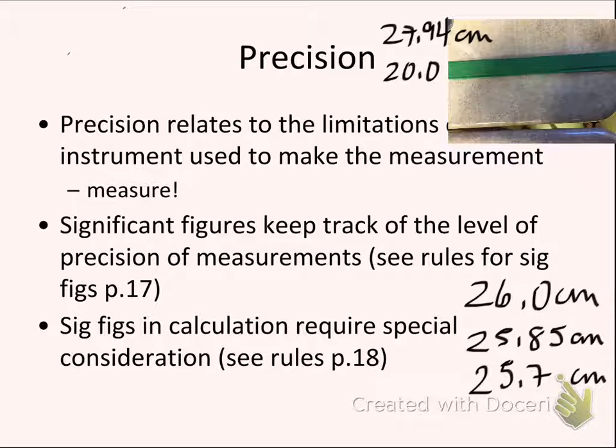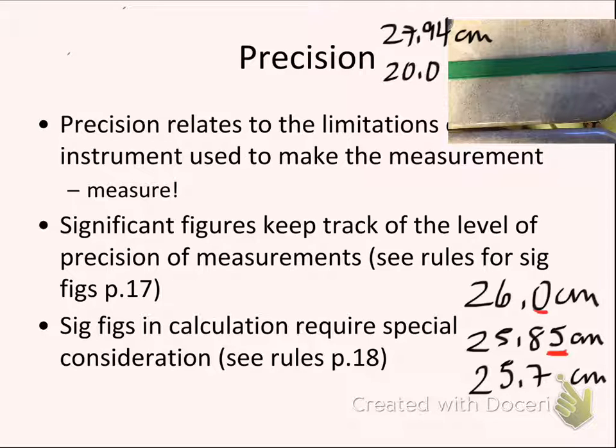So on the actual meter sticks, what is the last marking there? 1/10 of a centimeter or a millimeter. So this digit is certain. That is actually marked. You get 1 more uncertainty.